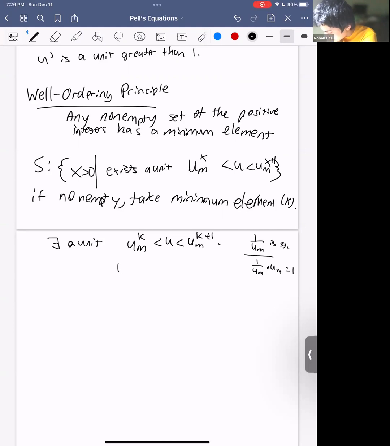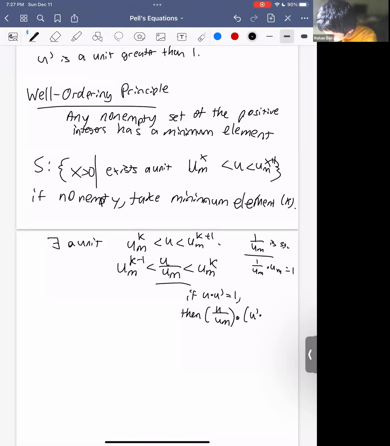Then we have u_m to the k minus 1 is less than u over u_m, which is just u times 1 over u_m, which is less than u_m to the k. And this must also be a unit, because if u times u prime equals 1, then u over u_m times u prime times u_m is also equal to 1.